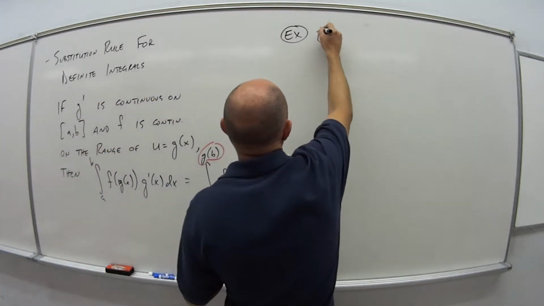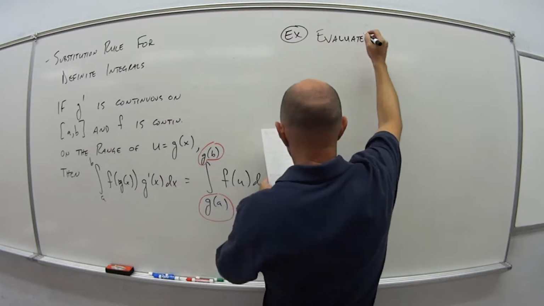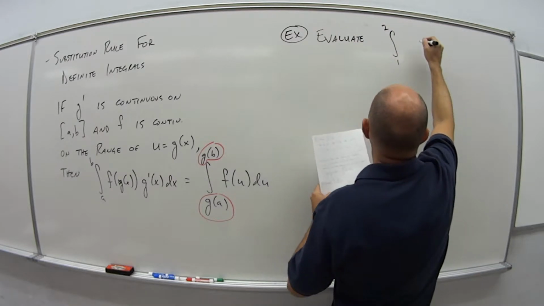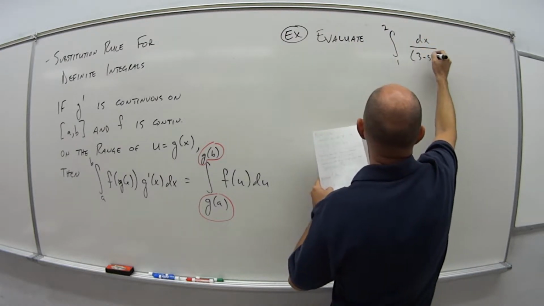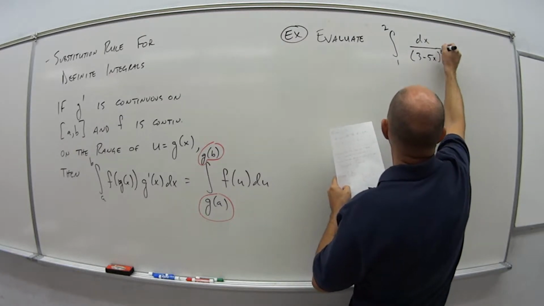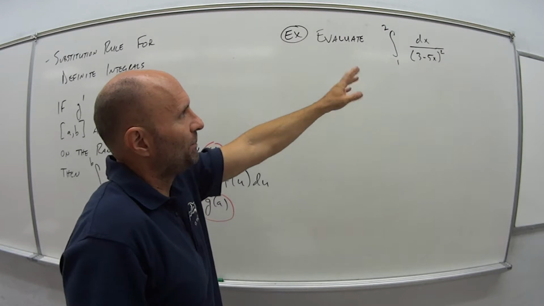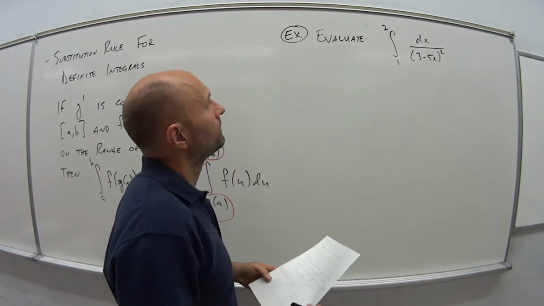So let's say we want to evaluate the integral from 1 to 2 of dx over 3 minus 5x squared. So it's really like 1 over that piece times dx, but to simplify, we put the dx in the numerator.